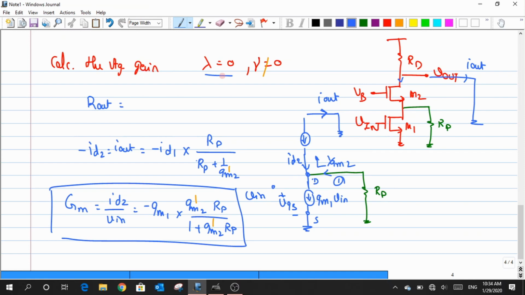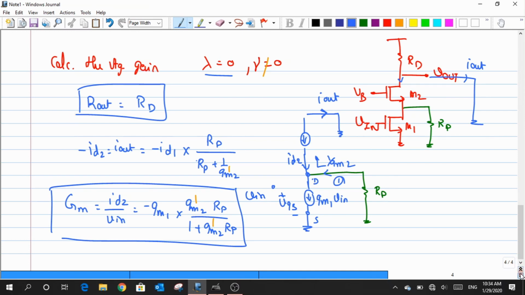It gets magnified by the intrinsic quantity, which is the product of Gm and R naught. But what is the R naught of this M2 transistor when I have lambda equal to 0? Infinity, right? So the resistance I see at the bottom is basically infinity, which goes in parallel with RD. So effectively the resistance is just RD itself. The multiplication of this Gm and R out should get you the answer.